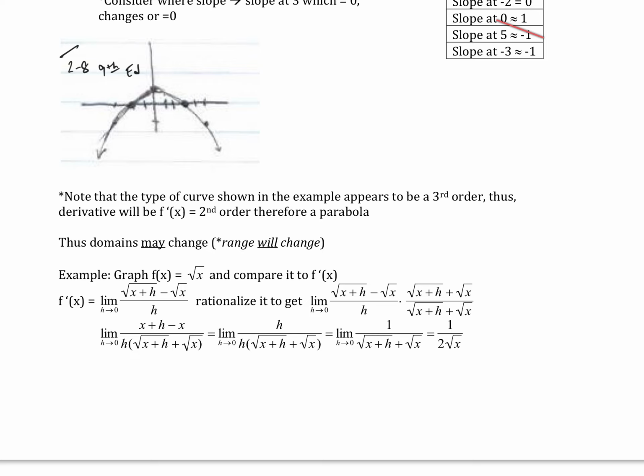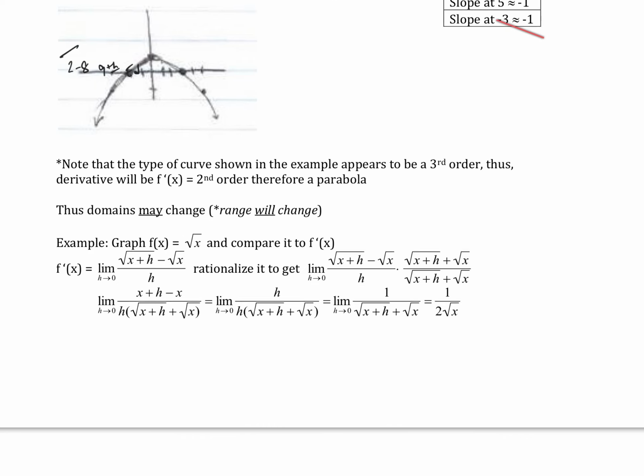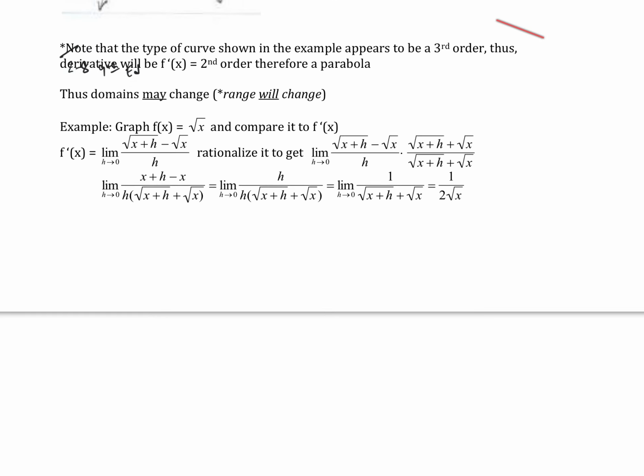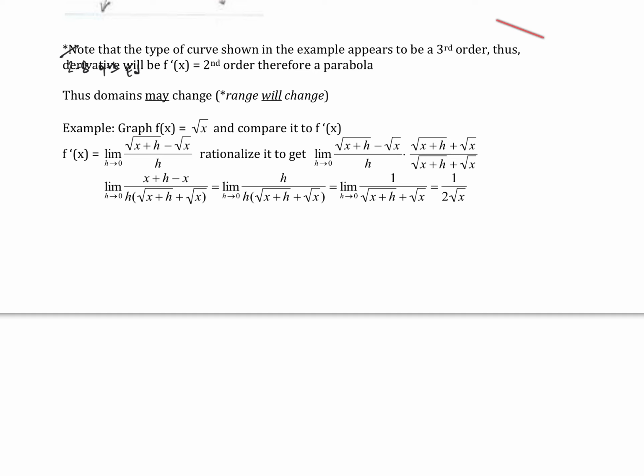All right, so let's do this next example, and we are going to graph, and I'll do this down here, f of x equals root x, and compare it to f prime of x. All right, so first of all, I'm showing you how I took the derivative. Here's my function, square root of x, and I want to take the derivative.